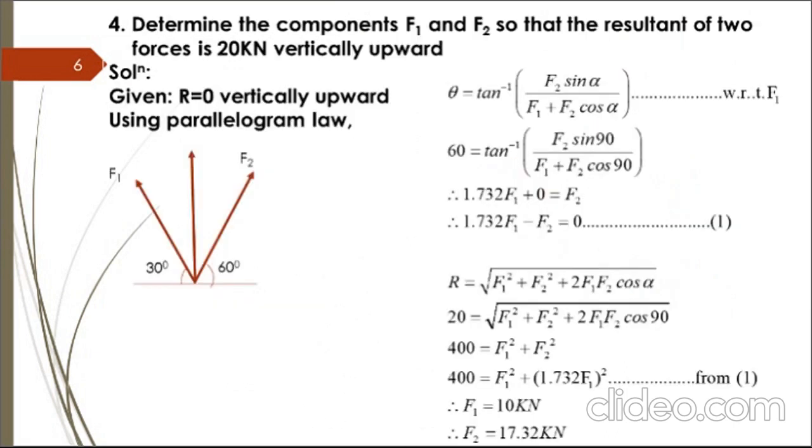Now let's see one more problem. Determine the components of F1 and F2 so that the resultant of two forces is 20 kilonewton vertically upward.